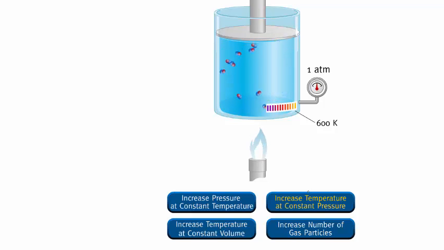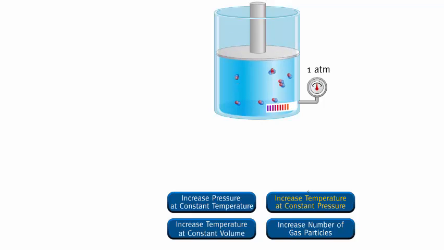This relation is known as Charles' law, which states that the volume of a fixed amount of gas is directly proportional to the gas temperature at constant pressure. Note that as the temperature is doubled at constant pressure, the volume that the gas occupies is doubled. When the Bunsen burner is removed, the temperature of the gas decreases, and the volume that the gas occupies decreases. The volume will continue to decrease until the temperature of the gas equals the external temperature.